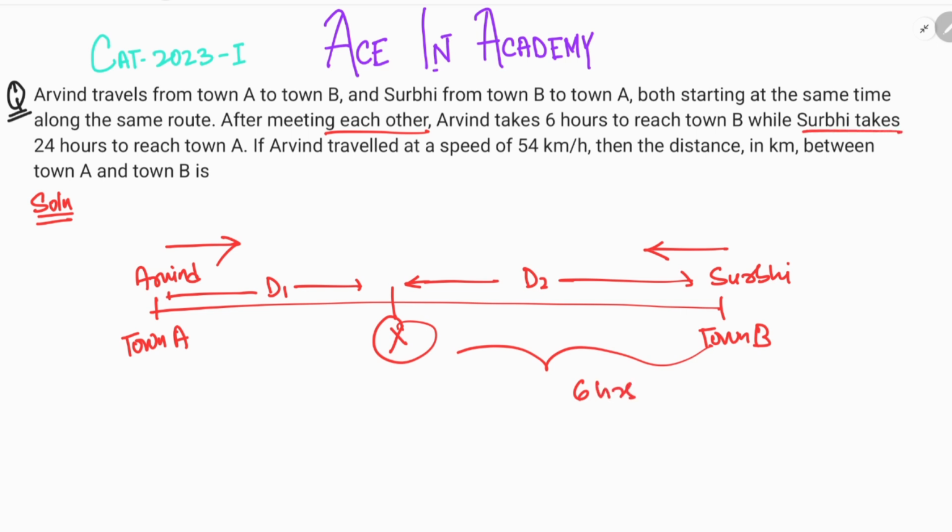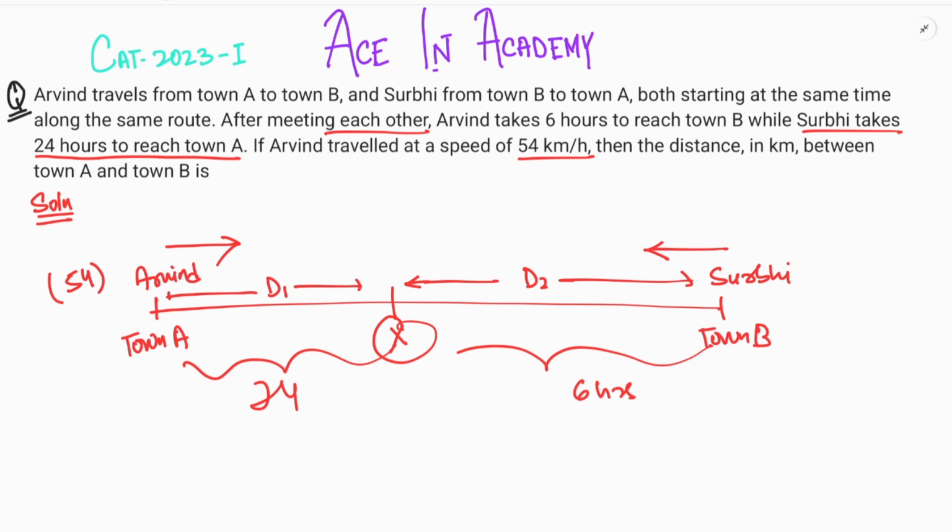While Surbhi takes 24 hours to reach town A. So after meeting, the distance Surbhi covers is D1 and she takes 24 hours to reach town A. We are also given that the speed of Arvind is 54 km per hour, and we have to find the distance.